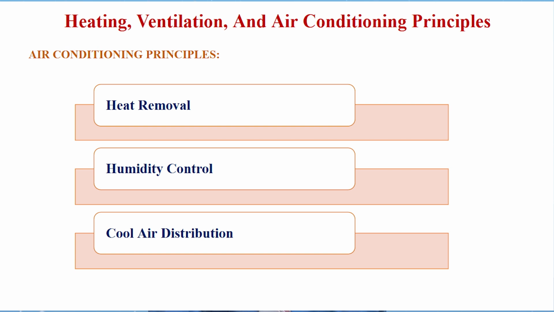In this slide we will see the air conditioning principles. The first air conditioning principle is heat removal. Everyone knows what air conditioning is, that is AC. We generally use AC in hot weather, in summer or during humidity.